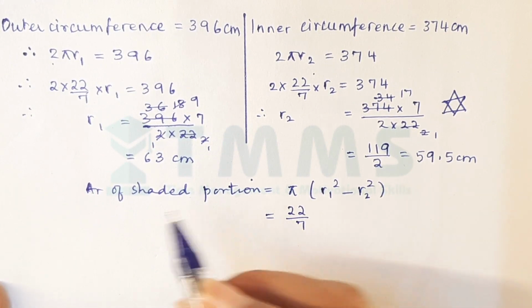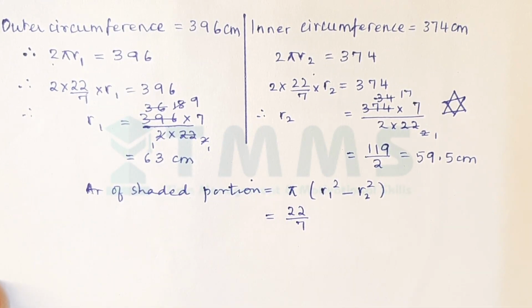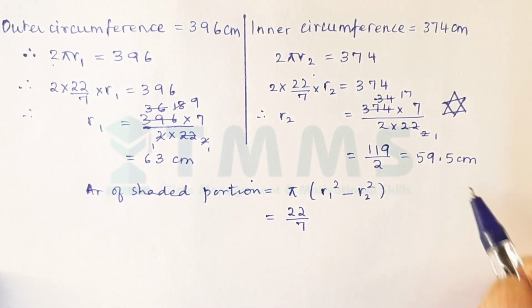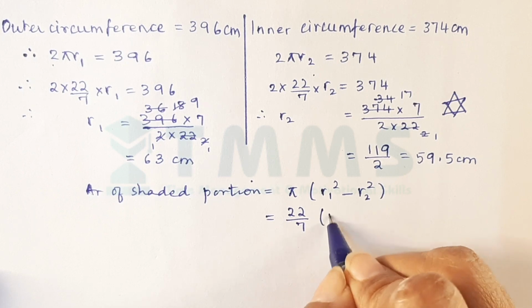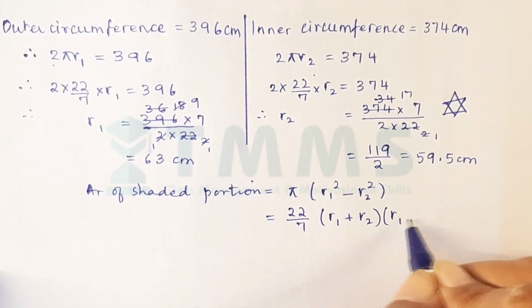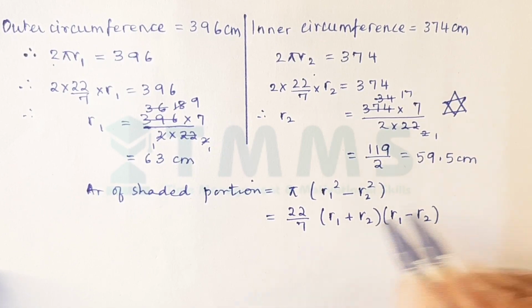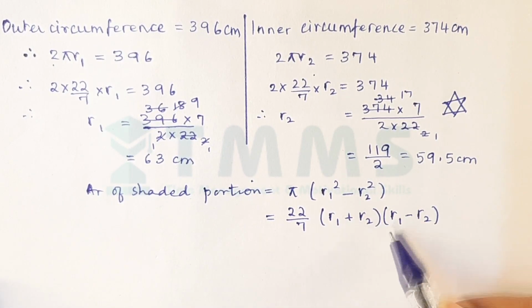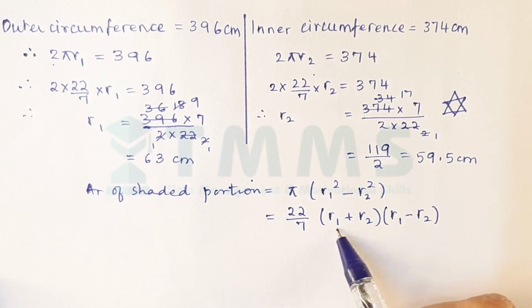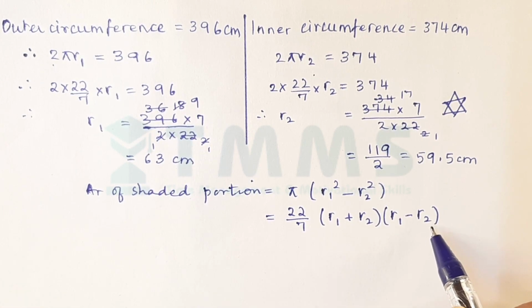Now r1 square, 63 square, it's easy to find. But here it's going to be a headache. So what we have to do is r1 plus r2 into r1 minus r2. What did we use for this? Didn't we use a square minus b square is equal to a plus b into a minus b? Are we getting it?